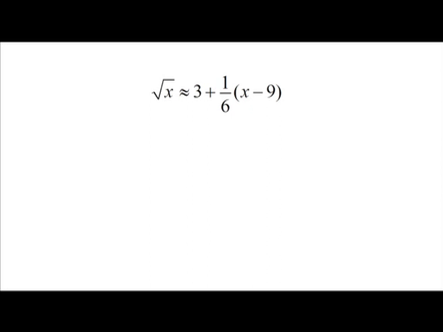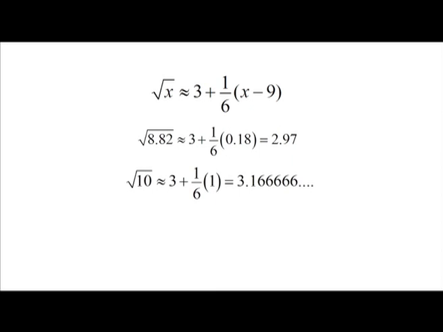Similarly, putting x equal to 8.82 and x equal to 10 in the expression square root of x approximately equal to 3 plus 1 by 6 times x minus 9, we find that square root of 8.82 is approximately equal to 3 plus 1 by 6 times minus 0.18, which is equal to 2.97, and square root of 10 is approximately equal to 3 plus 1 by 6 times 1, which is equal to 3.16666 and so on.